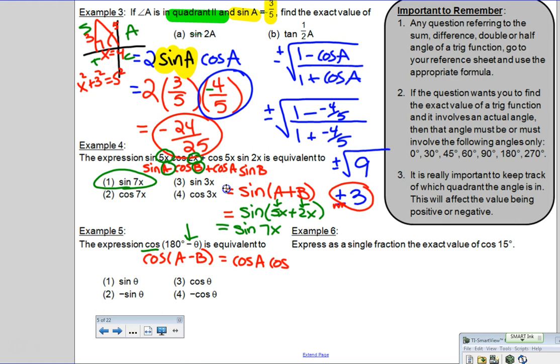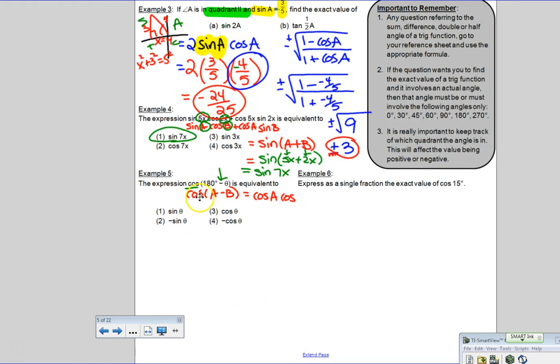Actually, I'm going to run out of room, so I'm going to extend the page. Okay, so it's going to be the cosine of A, cosine of B, plus the sine of A, sine of B would be the formula if we look it up.